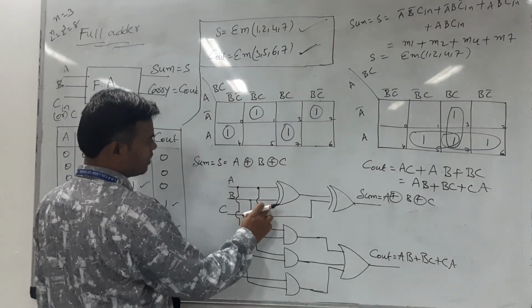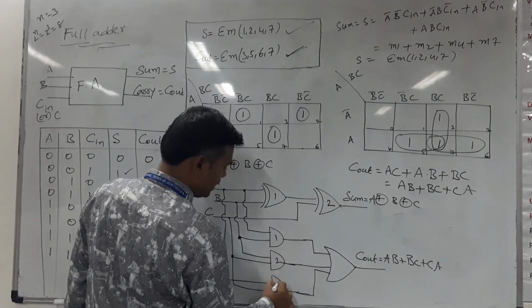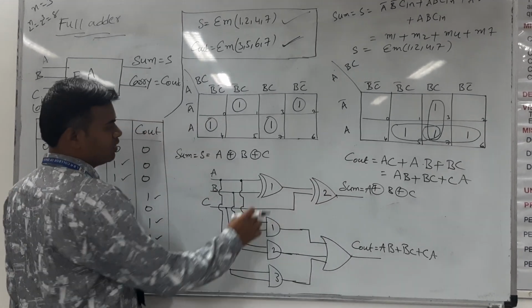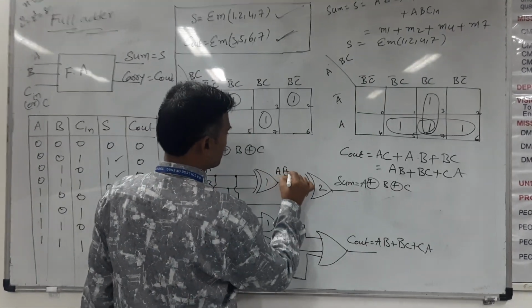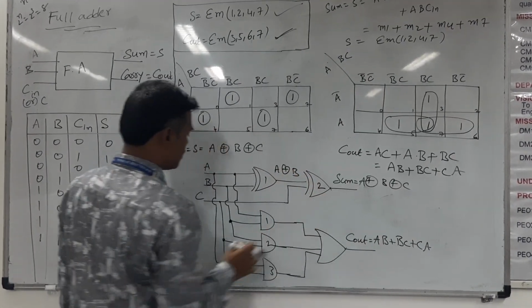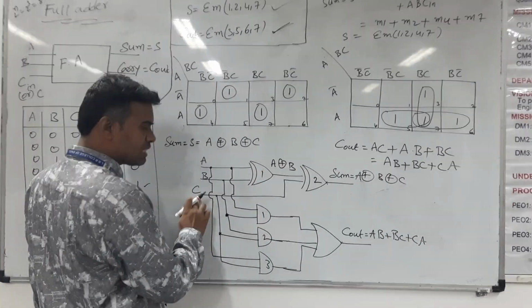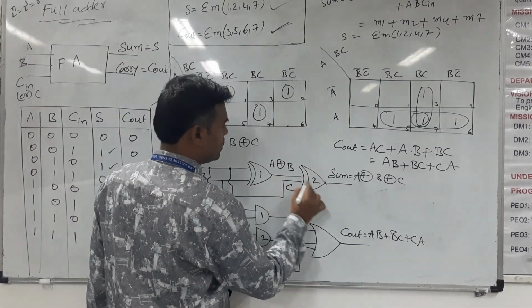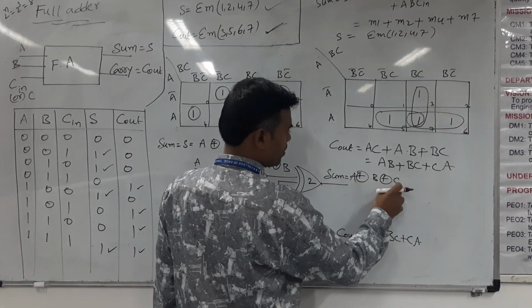These are XOR gate 1, XOR gate 2, AND gate 1, AND gate 2, AND gate 3. For the first XOR gate, the inputs are A and B, and the output is A XOR B. For the second XOR gate, one input is A XOR B, the next input is C, and the output of the second XOR gate is A XOR B XOR C.